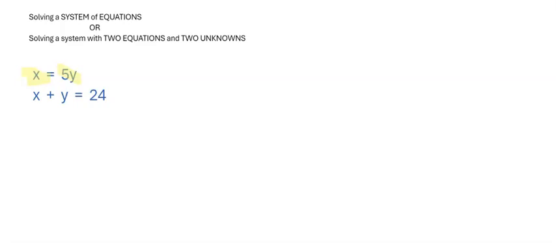Now we're going to be able to carry out this substitution in the other equation, the second equation, the one that I haven't marked. It says x plus y is equal to 24. We're going to do that by writing that second equation again and then substituting in place of the x.